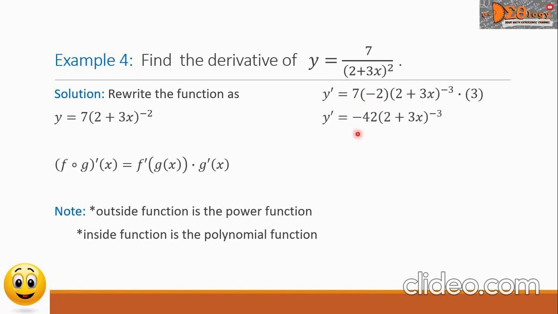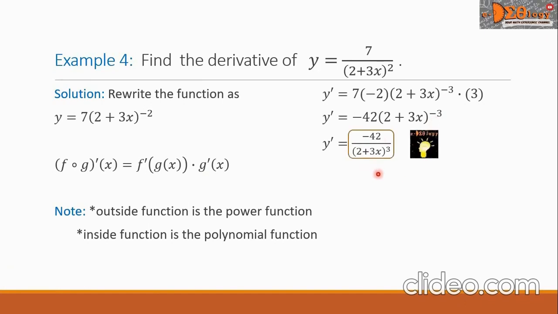So we have negative 42 times the quantity 2 plus 3x all raised to negative 3. Let us rationalize the negative exponent. So we have now this negative 42 all over the quantity 2 plus 3x all raised to 3. This is our final answer.